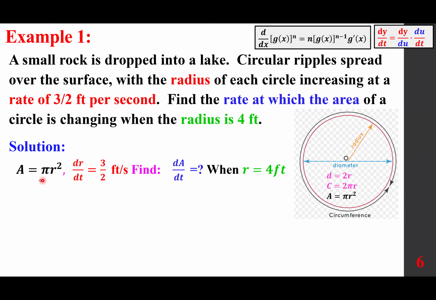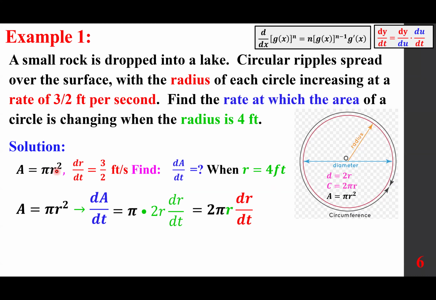All you have to do is differentiate this. So A is pi r squared, and dA/dt is pi. Pi is just a coefficient, a number. Now you differentiate r squared to 2r dr/dt, or 2 pi r dr/dt.